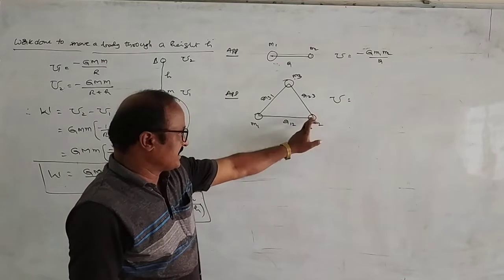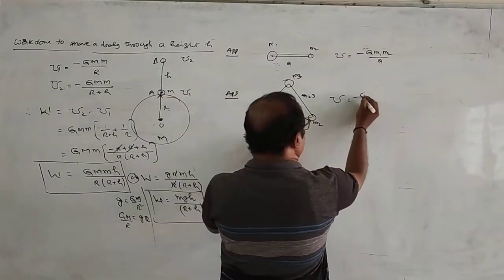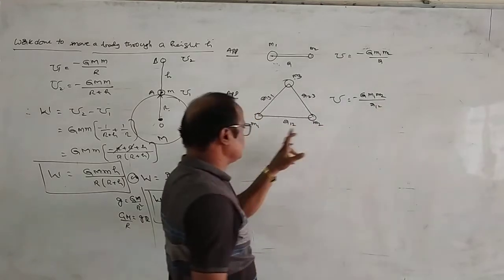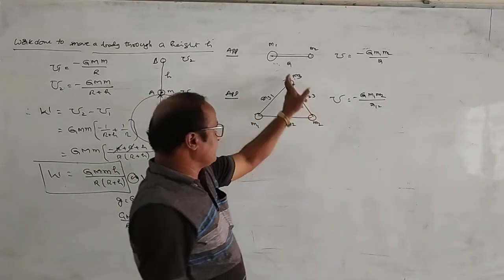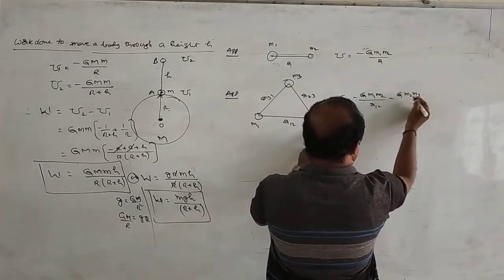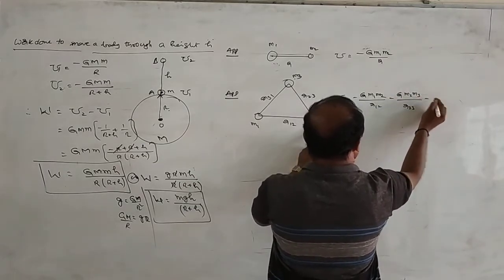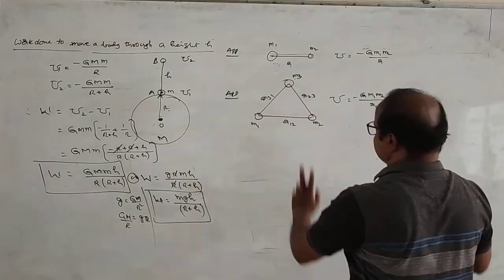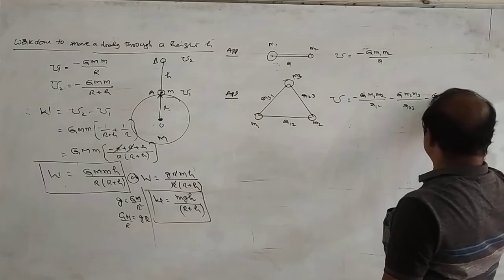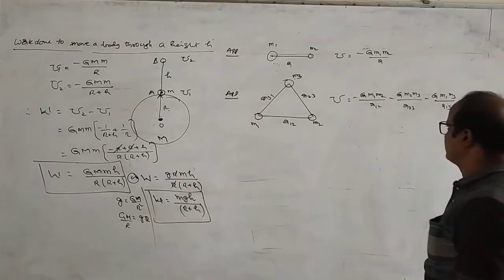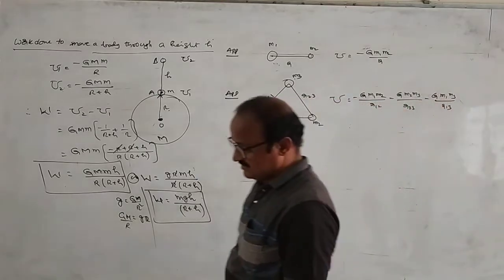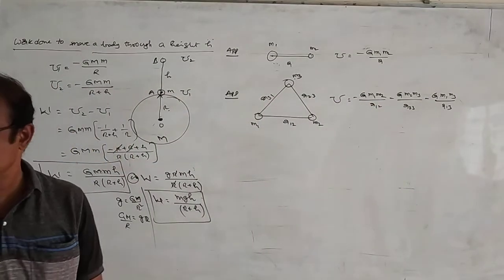For these two particles, minus G m1 m2 by r12. Between these two particles, minus G m2 m3 by r23. Between these two particles, minus G m1 m3 by r13. This is the total potential energy of a system of three particles.